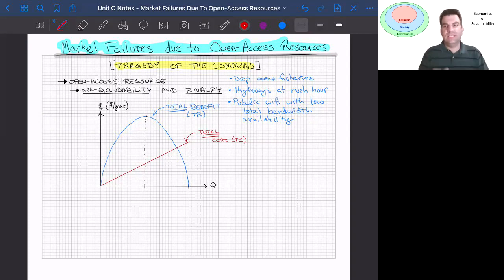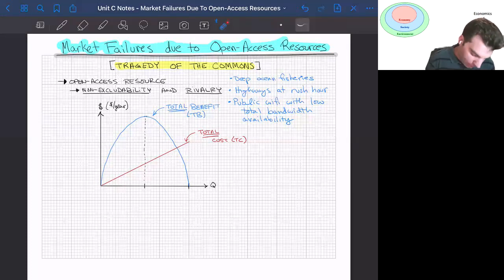And so when I need to make my decisions about exploiting this resource, I know that my net benefit is going to be my benefit minus my cost.